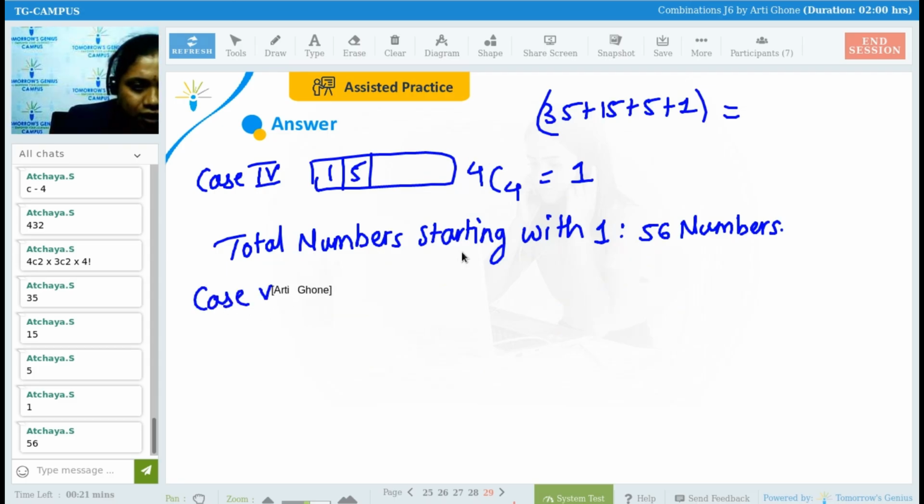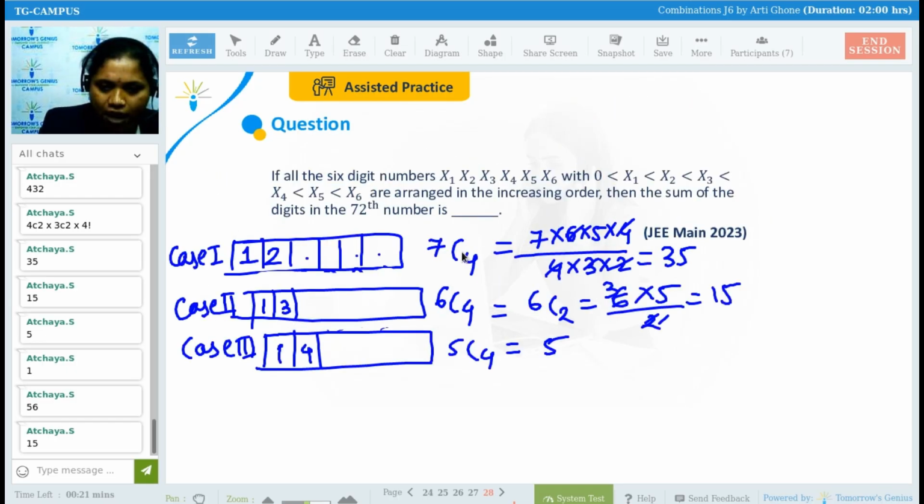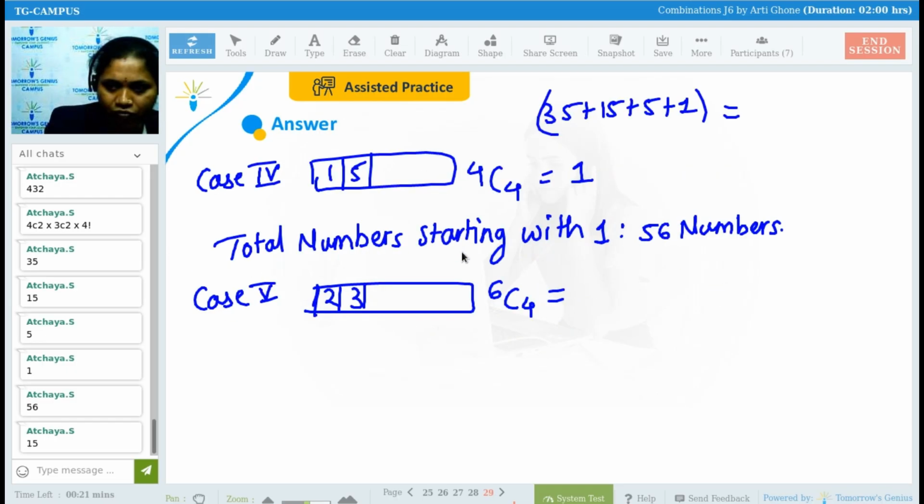Okay. So again proceed with 2 now. Fix case 5. If I fix 2 and 3, what will be the answer? Anyone who can guess the number? Again 6 digits are with us, just different digit 1, 2, 3, 4, 5, 6. So 64 will be the answer. Again 64 is coming 15.